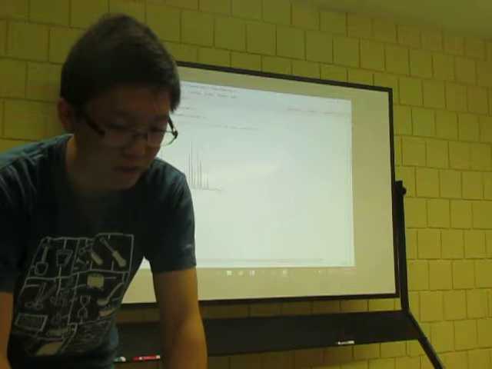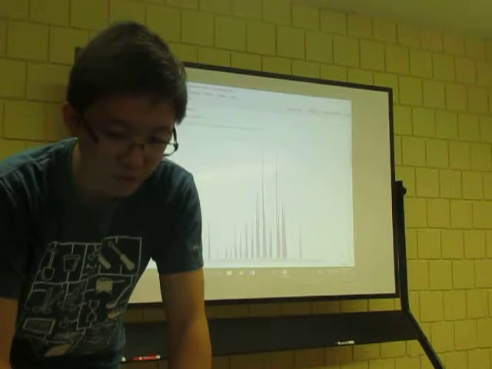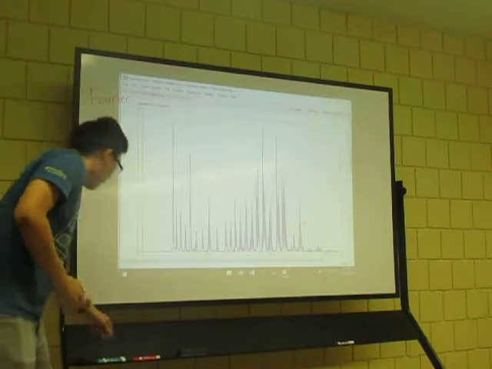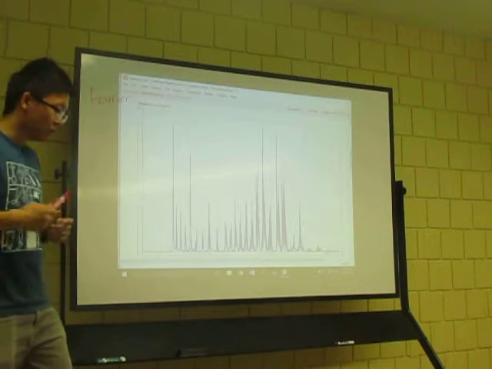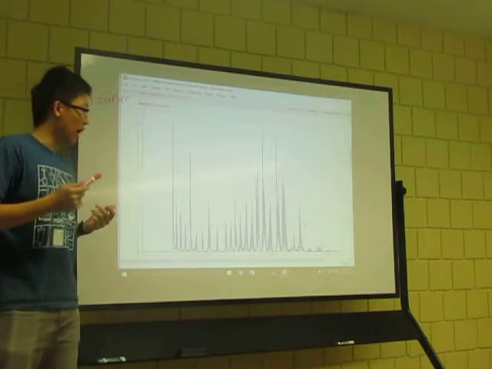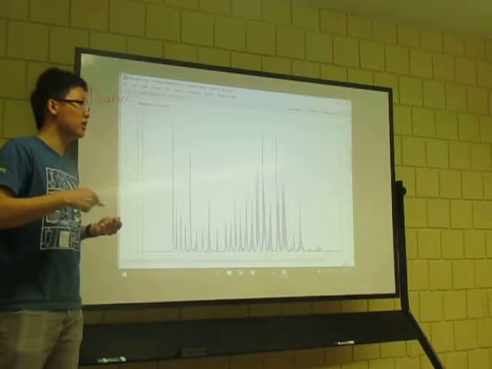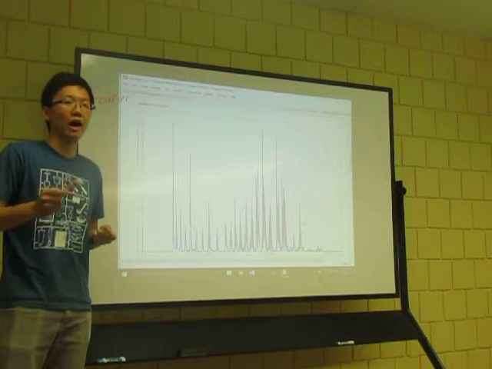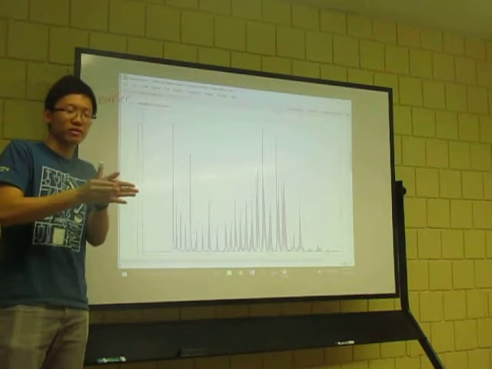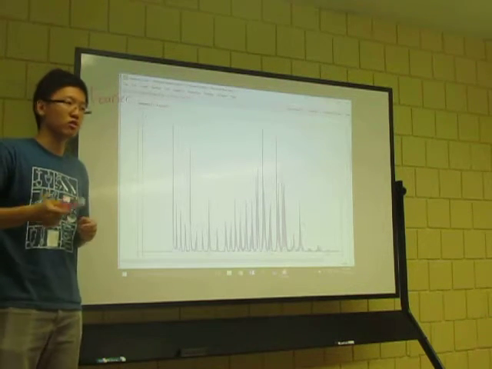If we take the Fourier transform, we get, so this is the Fourier transform of the violin. And I told you before that the Fourier transform tries to model a certain sound wave as a sum of sine waves, and it does this by looking at a particular frequency and then looking at what the amplitude of that frequency should be.